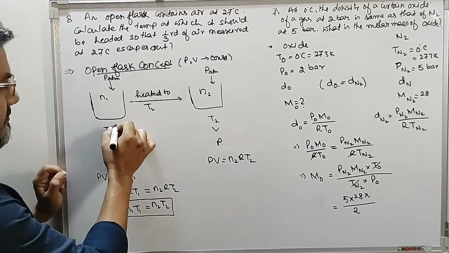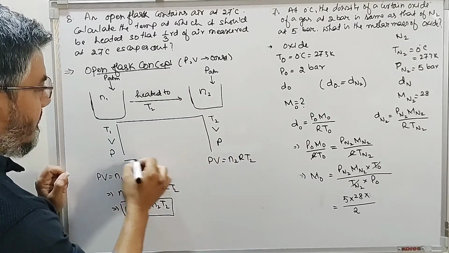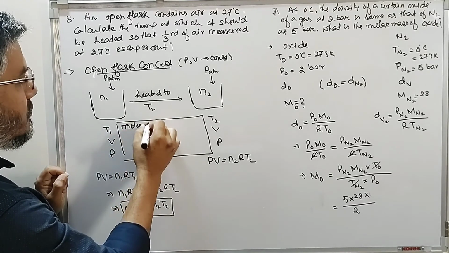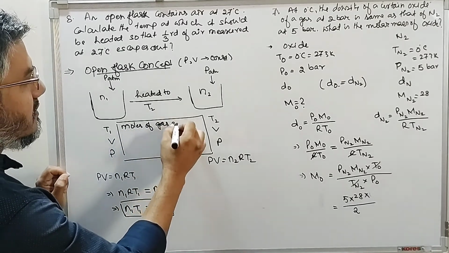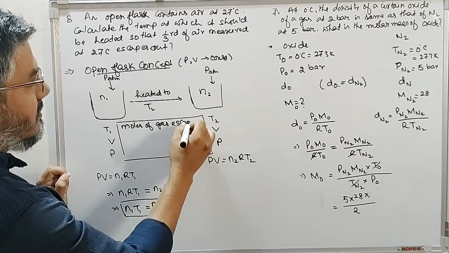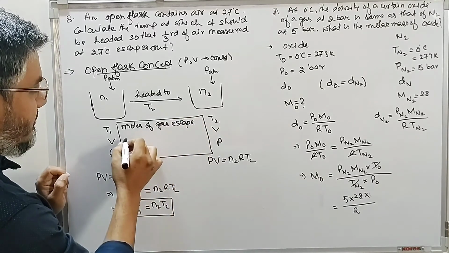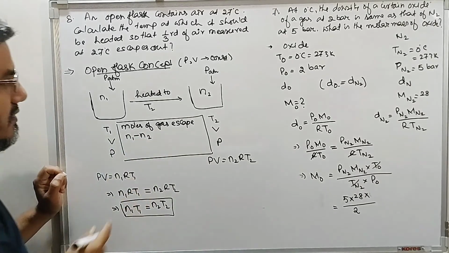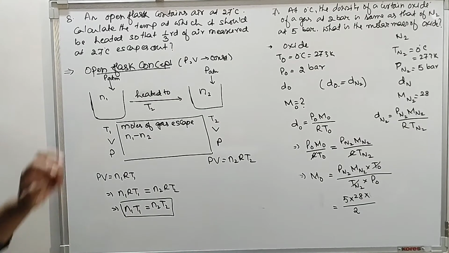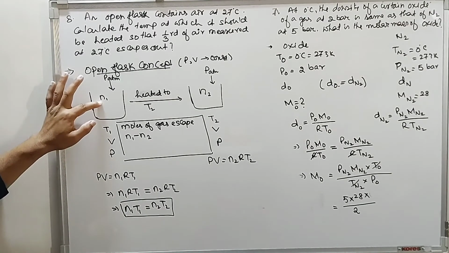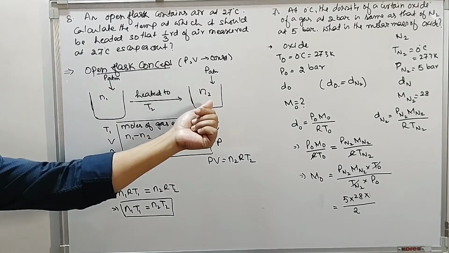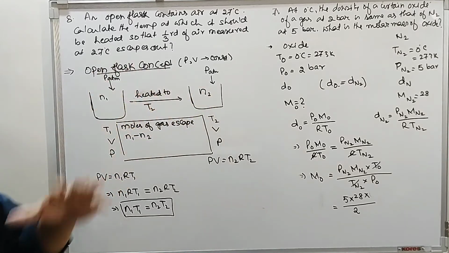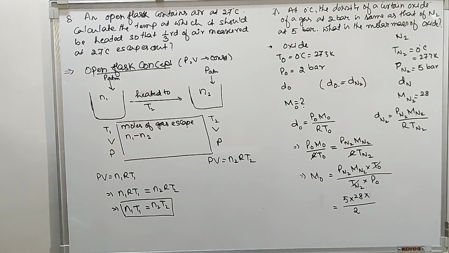The moles of gas that escape equal N1 minus N2. Initially this was N1. Now after heating at temperature T2, N2 is left. So the moles of gas escaped is N1 minus N2.